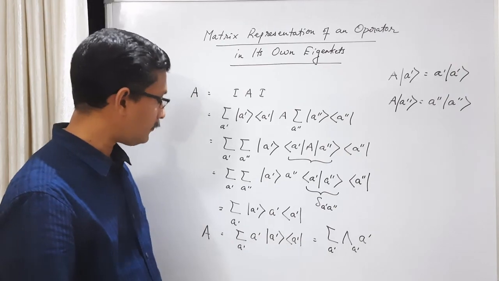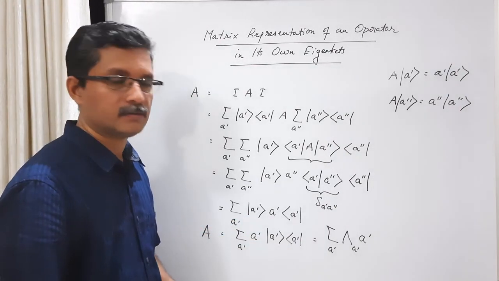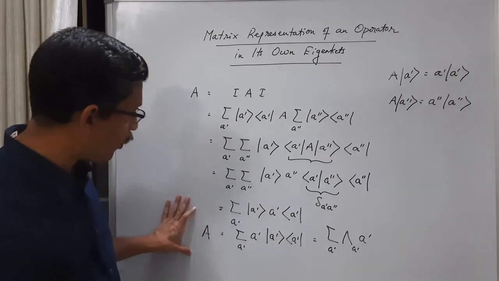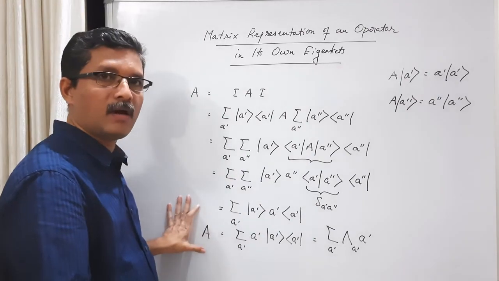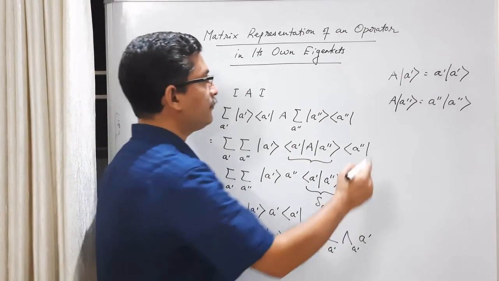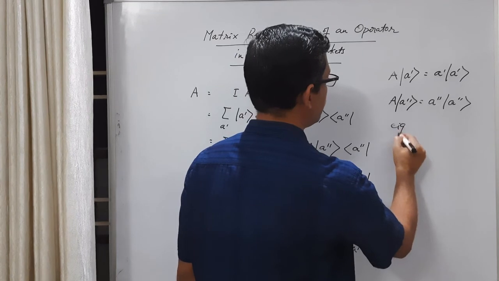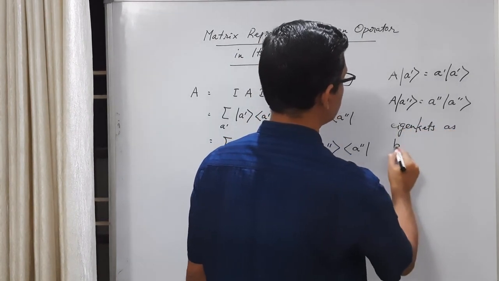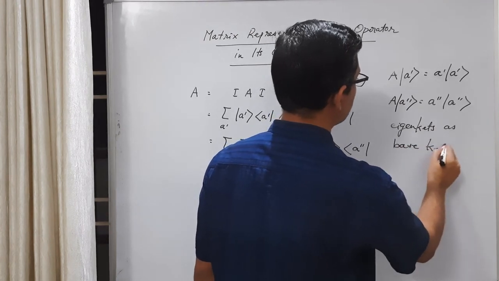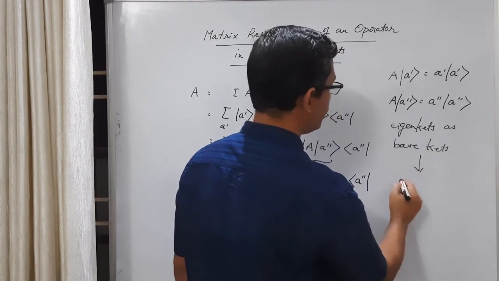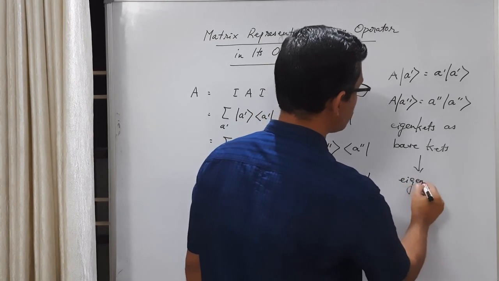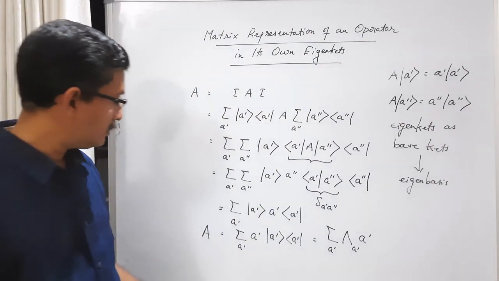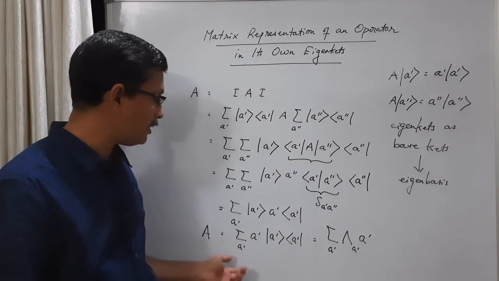You have to sum over all the eigenkets, all the base kets. So this is the form of an operator in its own eigenket. When eigenkets are acting as base kets, they have a particular name. It's called eigenbasis. So the form of an operator in its eigenbasis is this.